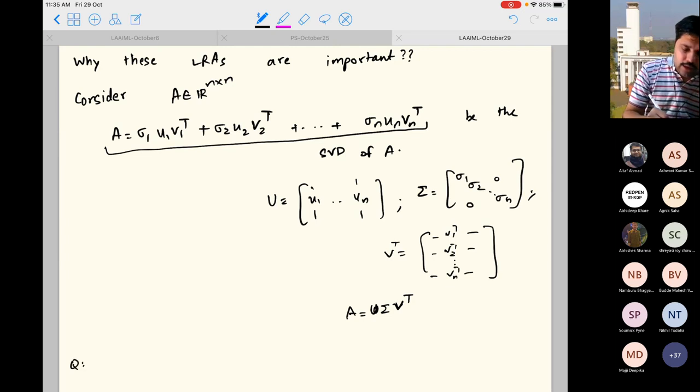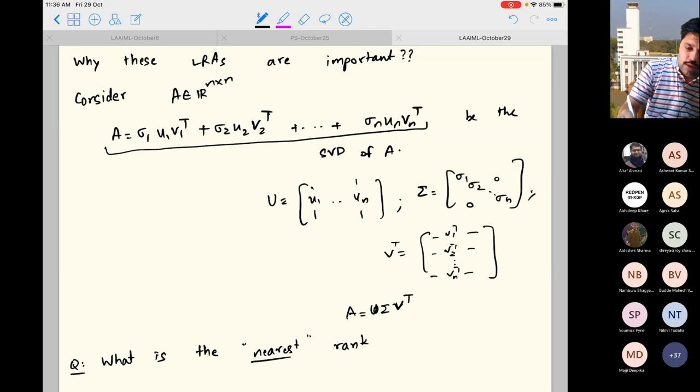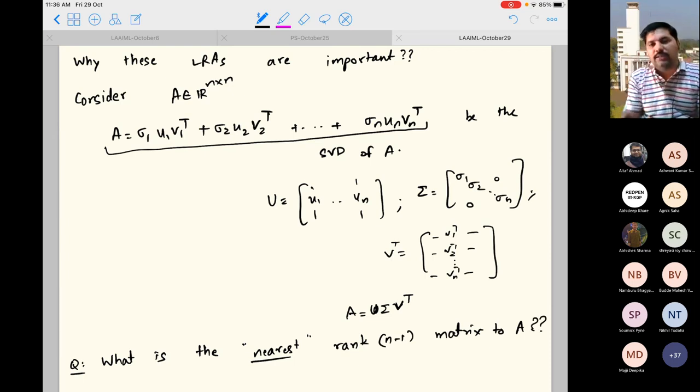So the question that you must have answered, because you have covered this low rank approximation, is what is the nearest rank n minus 1 matrix to A? Can anybody tell what is the nearest rank n minus 1 matrix to A?